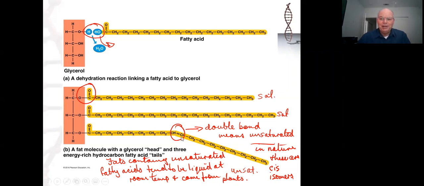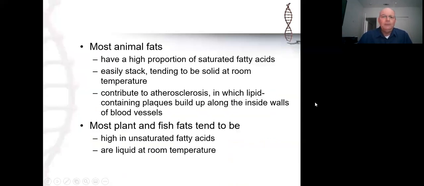Unsaturated fats in nature, naturally occurring unsaturated fats, are of the cis form, and that's what gives them the kink. And there's a story in that we will get into very quickly. So animal fats, we've already talked about, tend to be solid at room temperature because they pack closely together. They're linear fats.